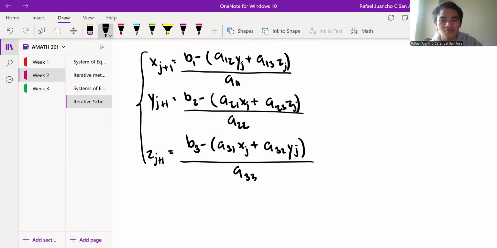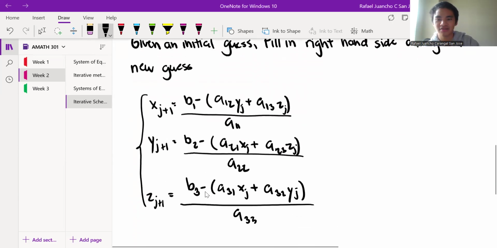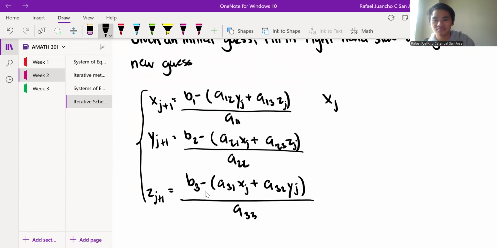Now, here we're saying that xj, yj, zj, what are these? Well, these are the jth iterations.